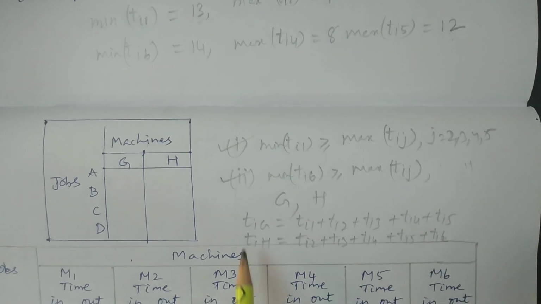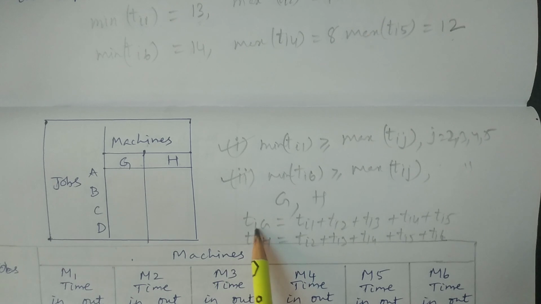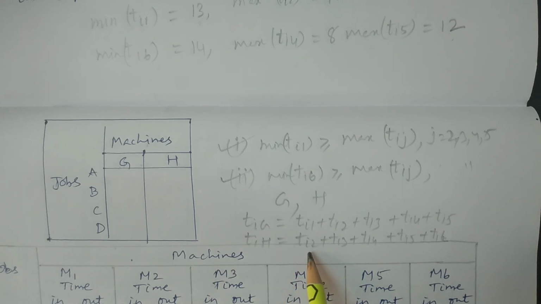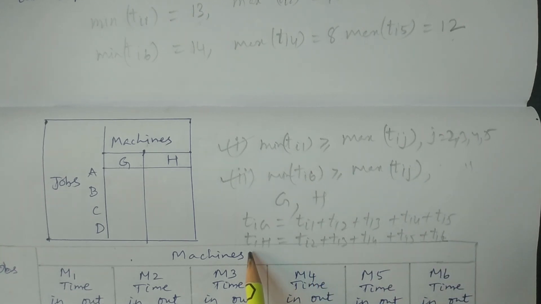If you add the processing times of machines 1 to 5, you get the processing time of G, and if you add the processing times of machines 2 to 6, you get the processing time of H.